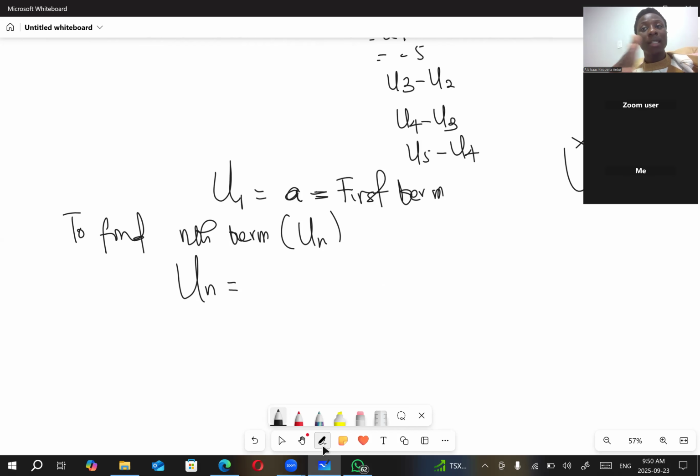An arithmetic progression is a sequence whose next terms differ from what preceded them by a certain constant. If it's an AP, then the nth term is given by the formula: the first term a plus (n minus 1) d. You already know d and how to find d. So this is how we find the nth term of a sequence.